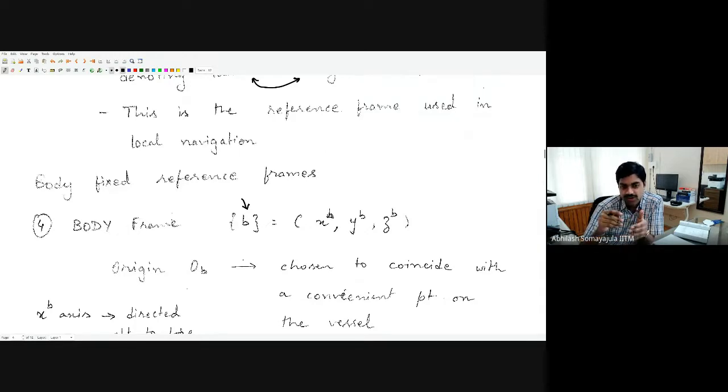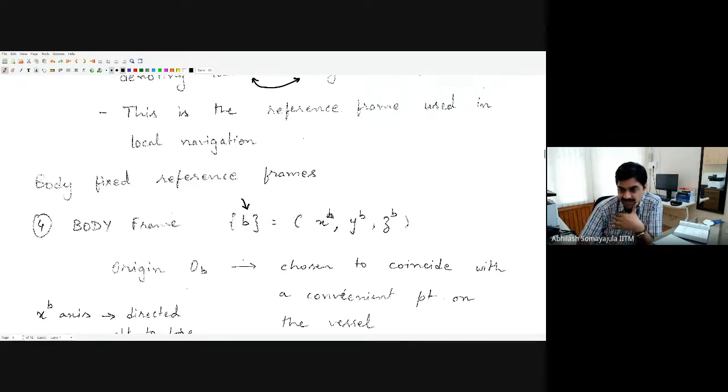When you are on an onward journey carrying cargo, the center of gravity may be at one place, but on the return journey, where you're only using the ballast tanks, your center of gravity will be at a different location. So it's time varying in that sense, and is not a convenient point to find every time you're loading the ship. Therefore it's always better to choose this origin at a convenient point on the vessel.